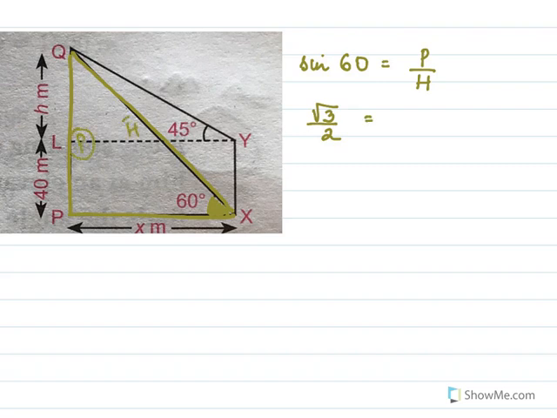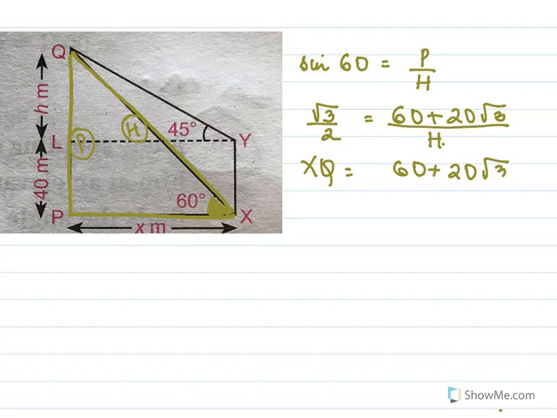The perpendicular we already found is 60 plus 20 root 3, over the hypotenuse, which in this case is XQ. So XQ will be 60 plus 20 root 3 over 2 over root 3.